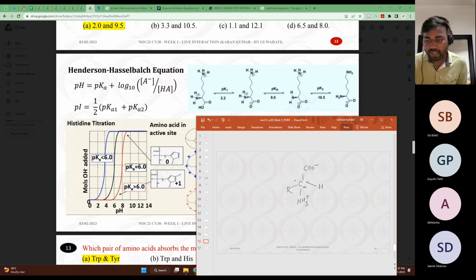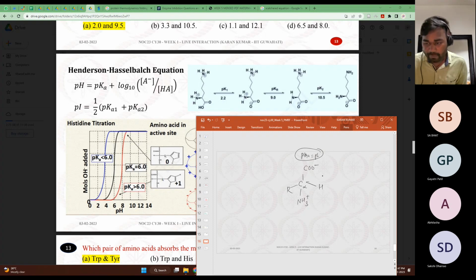Now, the zwitterion will exist at the pI value, right? When pH is equal to pI, you will exist as a zwitterion form.